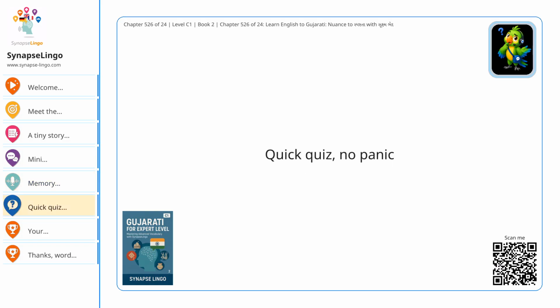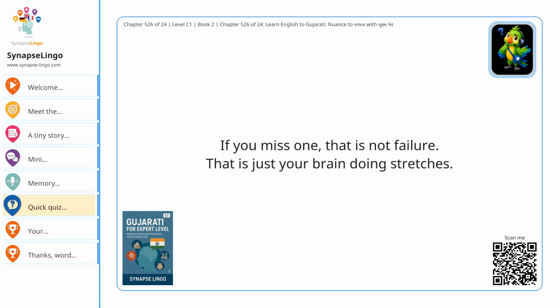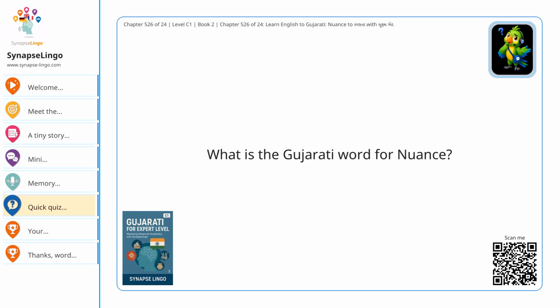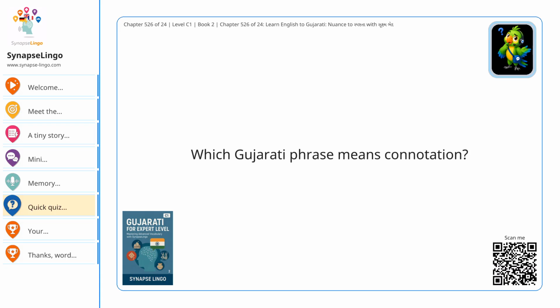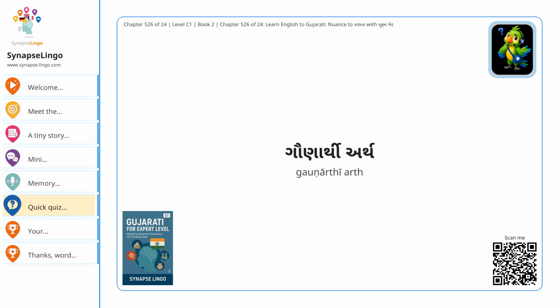Quick quiz, no panic. Time for a friendly test. If you miss one, that is not failure. That is just your brain doing stretches. What is the Gujarati word for nuance? सूक्ष्म भेद. What means undertone? अंतर्निहित भाव. Which Gujarati phrase means connotation? गौणार्थी अर्थ.